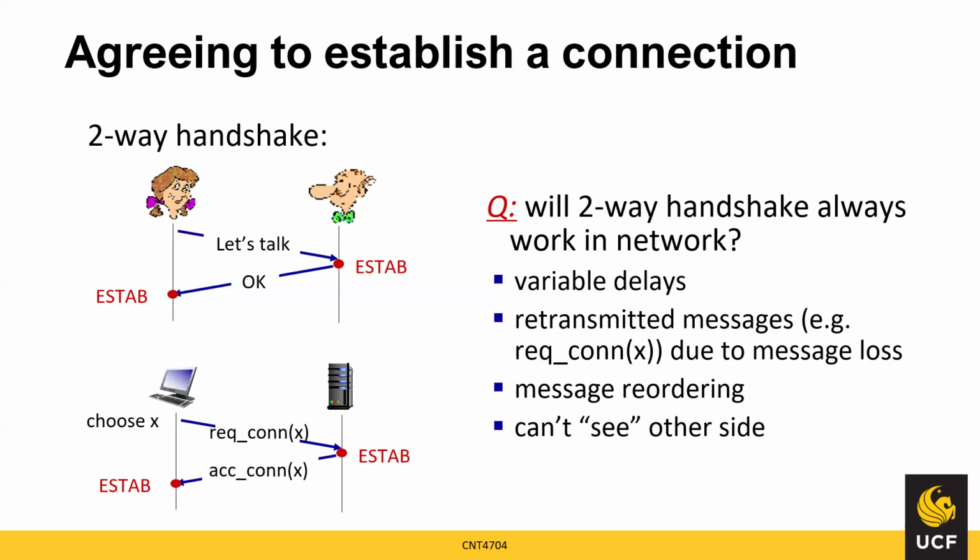And we know that the sender and receiver actually cannot see each other. They have a way of communication. So we don't know if the connection is lost or is still connected, and it leads to confusion. So the two-way method works for humans, but not for unreliable networks. That's why we use a three-way handshake instead, to make sure both sides agree and are synchronized before any data is being exchanged.